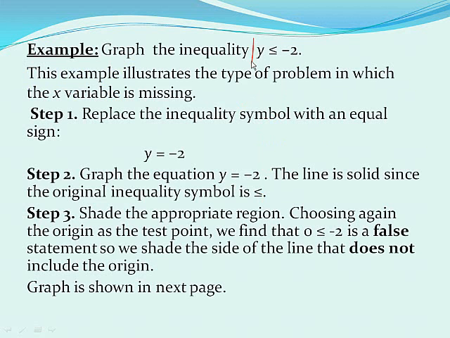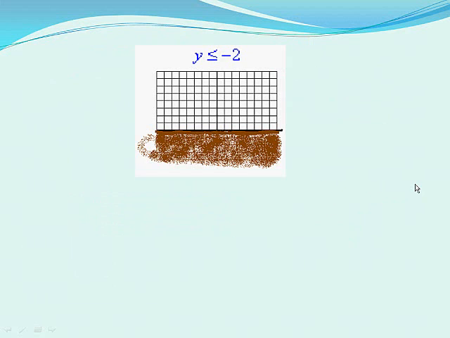If we want to graph the inequality y less than or equal to negative 2, we can use the same method. So the boundary line is y equal to negative 2, which will be a horizontal line. The inequality is less than or equal to, so we can use a solid line for the boundary line and shade one of the sides depending on where the inequality is satisfied. So we have the y-axis here, x-axis here, origin is up here.